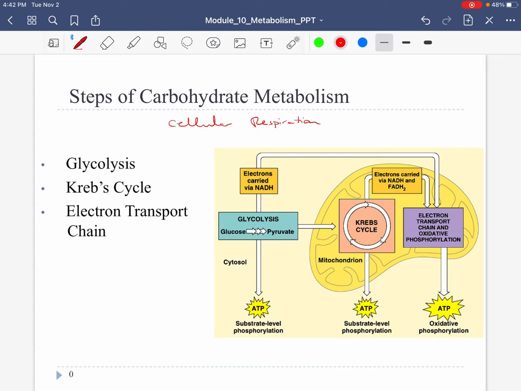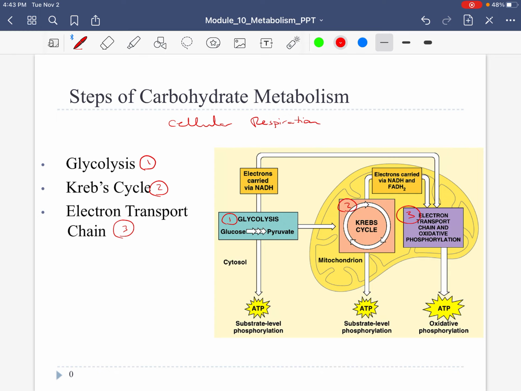Even though it's many chemical reactions, we're going to break them down into 3 basic steps. The first set of chemical reactions is something called glycolysis. Boom. The next set of chemical reactions is something called the Krebs cycle. Boom. And the third set of chemical reactions are chemical reactions making up the electron transport chain.